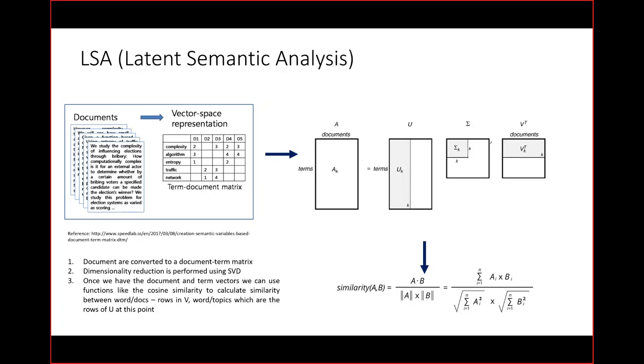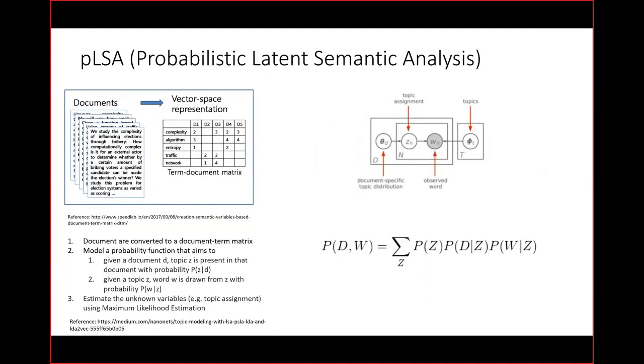And then you have another version of LSA, which we call probabilistic latent semantic analysis. And again, this is using a document term matrix, but instead of using the SVD function for decomposing the massive document term matrix into these smaller U and V matrices, it's actually using a probabilistic function, which models the topic assignment and document-specific topic distribution.